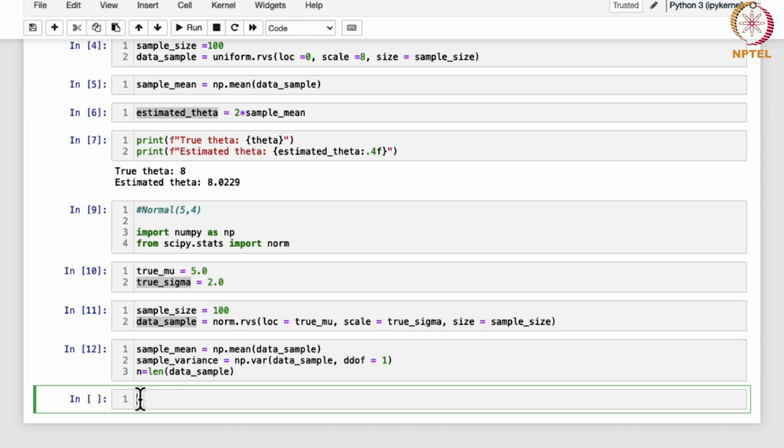Now we will use the method of moments. So the estimated mu, mu hat, came out as the sample mean, that is x bar.